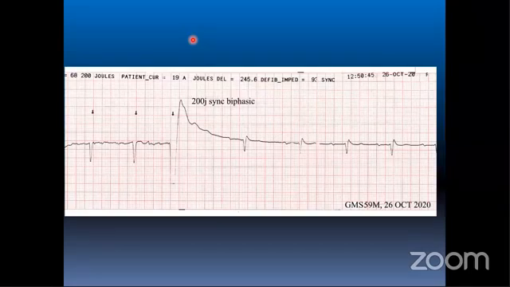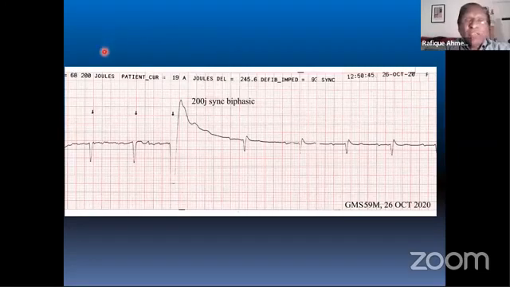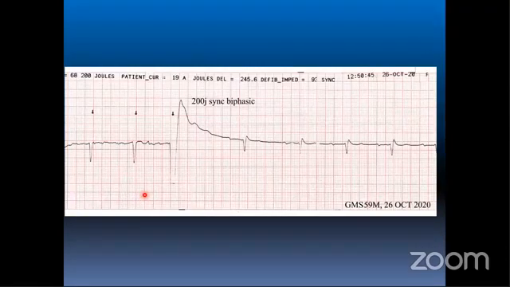Sir, I could not get the question. The question is, I put up this tracing. Can you explain the tracing? It's a simple tracing of cardioversion. Okay, sir. The first two QRS complexes are synchronized, and a 200 joule synchronized biphasic DC shock was given. Then after the third and fourth beat, we can see there is a P wave followed by a long PR and then followed by QRS.